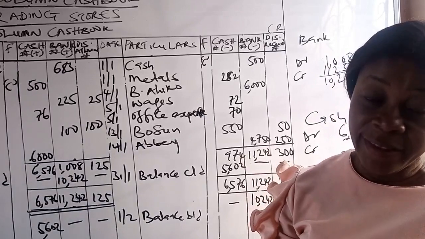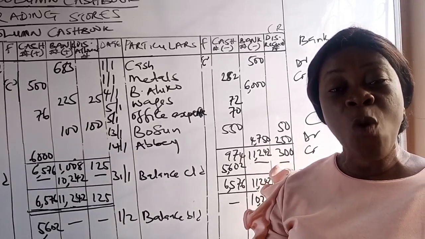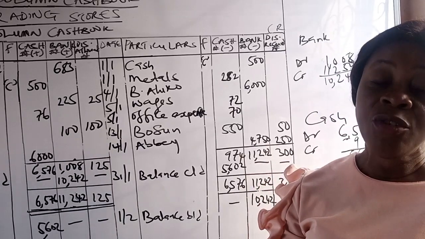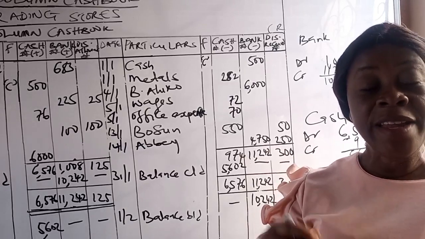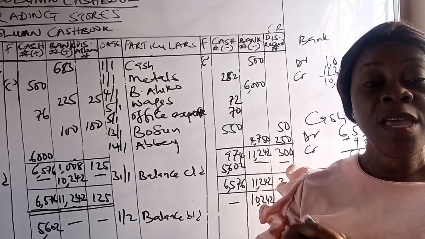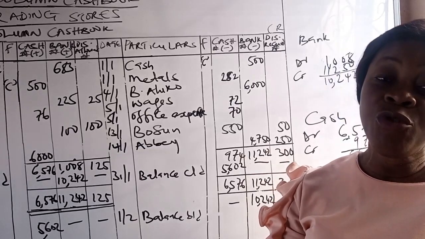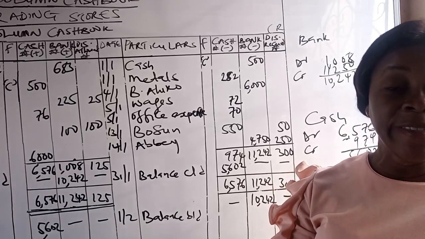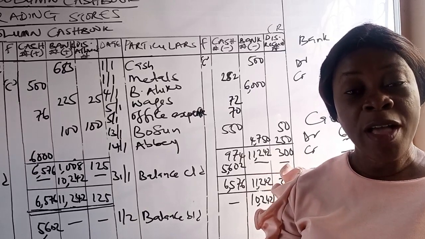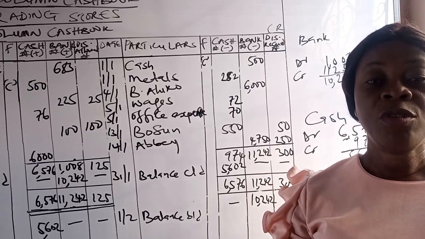In some instances, the examiner might want to test how knowledgeable you are in posting transactions into the cash column of the cash book, and they will sometimes make the payment to be more than the receipt. But in such a situation, I don't want you to doubt your capability of doing it. So far you have followed the rules guiding the preparation of the cash book.